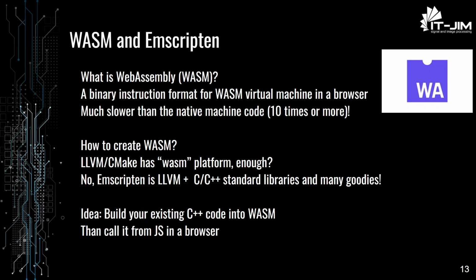That's where Emscripten comes into play. It has LLVM plus C and C++ standard libraries, complete toolchain, and many additional APIs for better connection between JavaScript and C++. Idea is build your existing C++ code into WASM, then call it from JS in a browser. Next slide.